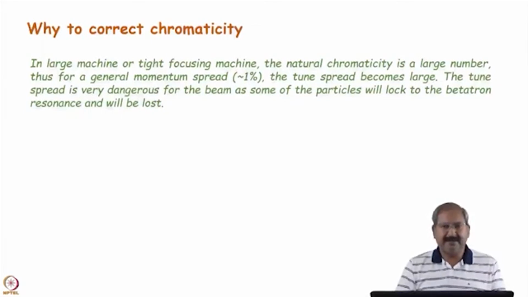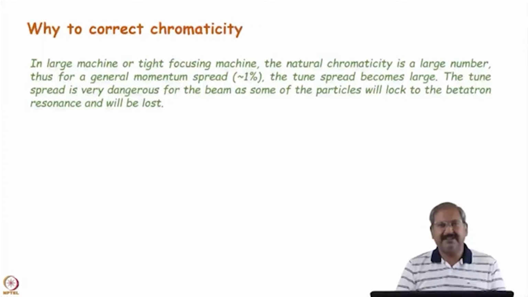So the particle is exhibiting a betatron oscillation and it is subjected to some periodic forces. An oscillator, when it is subjected to periodic forces, can have some resonance excited in that oscillation, and that resonance may cause the amplitude to grow. In a similar fashion, betatron oscillations can also be subjected to resonances due to imperfections, and the amplitude of betatron oscillations will grow turn by turn, and ultimately the amplitude will reach the wall of the chamber and the particle will be lost.